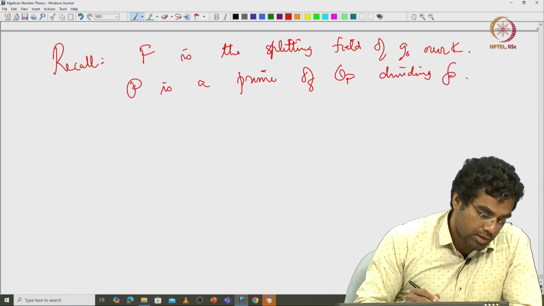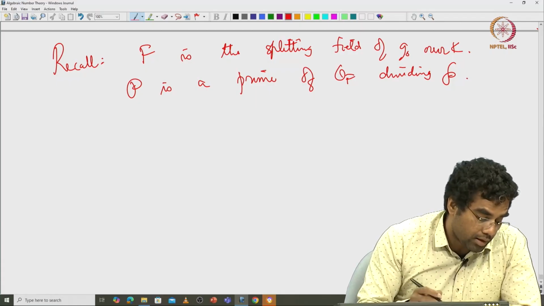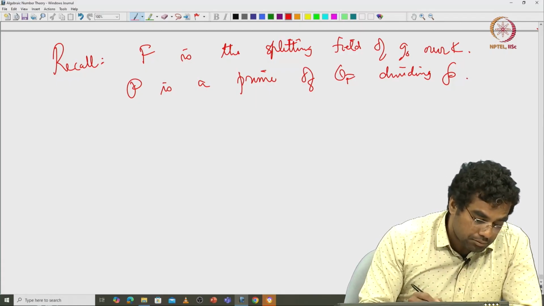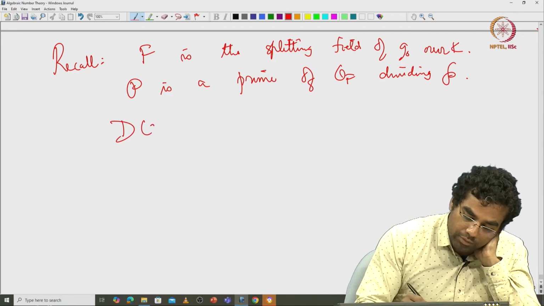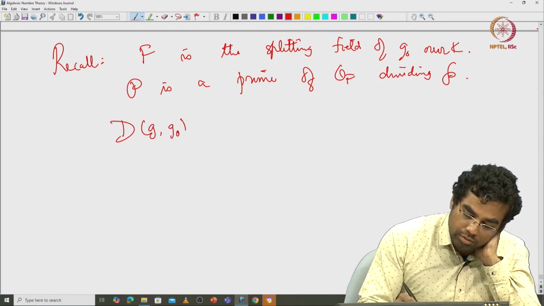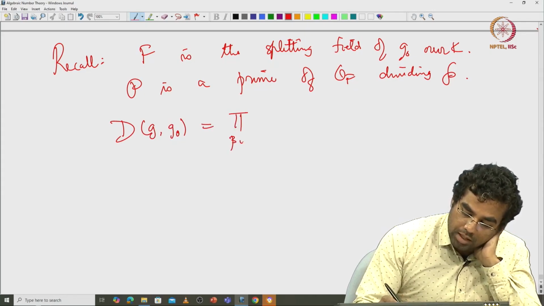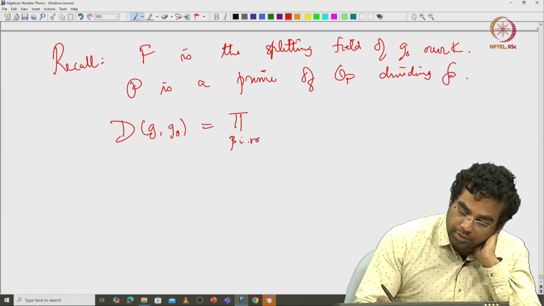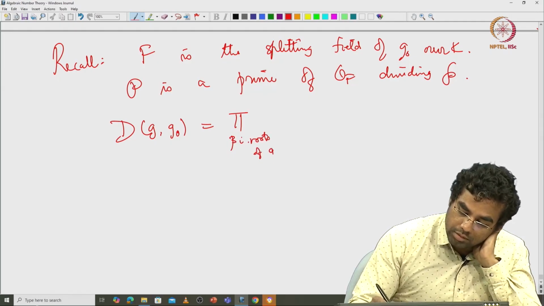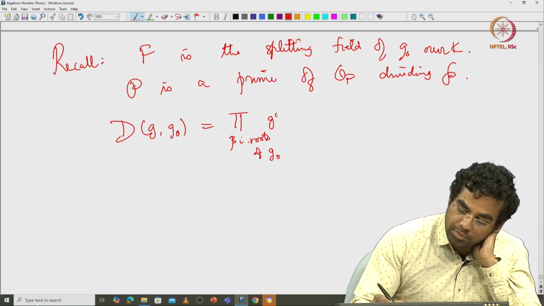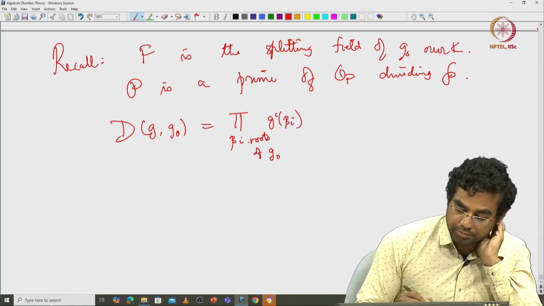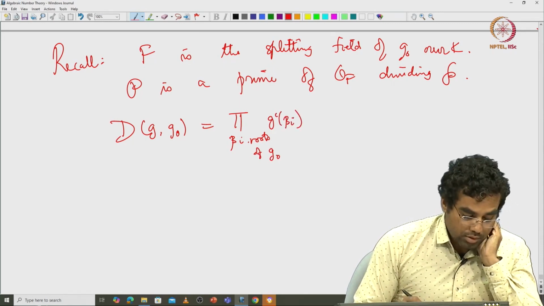So, that is the notation from the previous slide. Now, if I look at d of g comma g 0, this is the product over all beta i's, which are roots of g 0, of g prime of beta i, right.